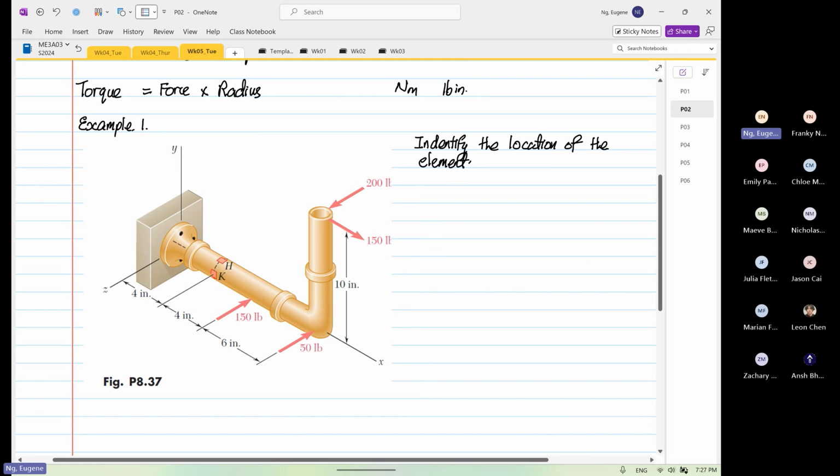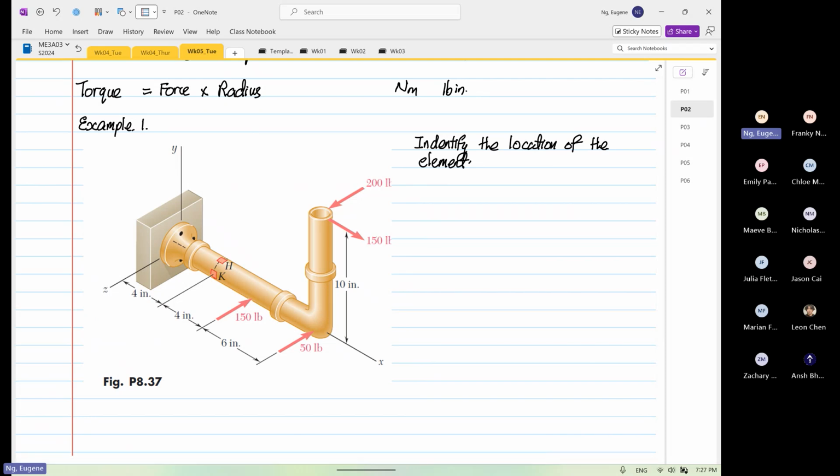For a question like this, you can see element H and element K. I'm lecturing now; in real life you don't see the elements there. You have to decide, based on your experience, where the location of the elements should be. For now we just say that that is what we're interested in.